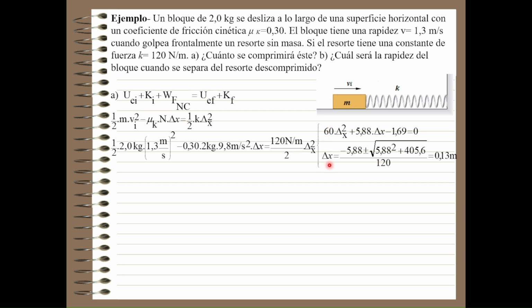The equation will have two solutions. One is valid, which is 0.31 meters, and this is how much the spring will compress. The other solution, which we do not include, is negative, which would not be consistent with the analysis of the displacements we have done. Therefore, we discard it. The block will end up in this situation once the spring's compression is complete.